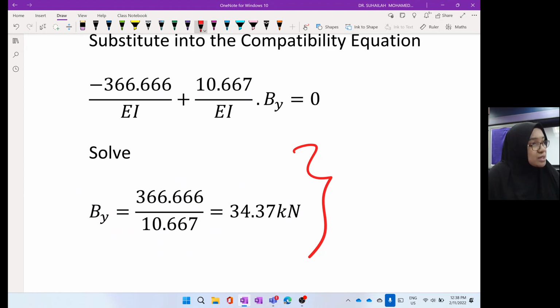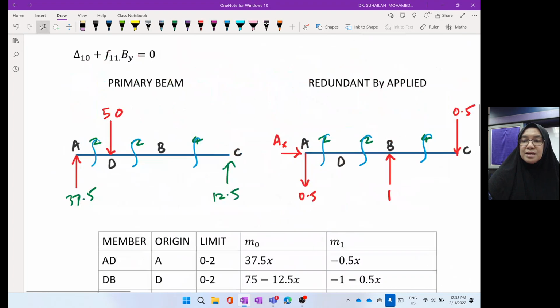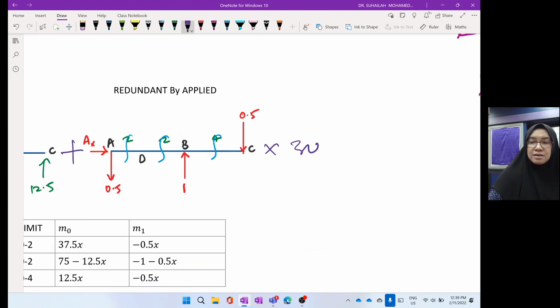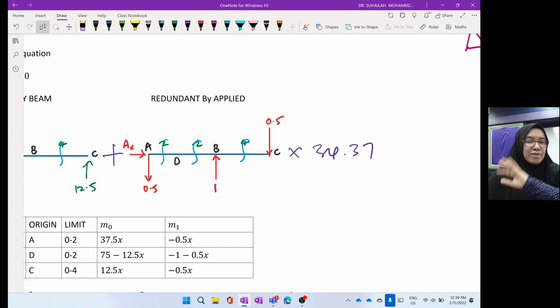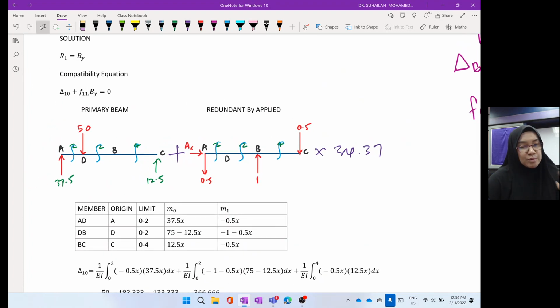Okay, because in the diagram it is actually the primary beam plus the redundant beam times BY. BY is 34.37. In the redundant beam, everything inside the beam we must multiply back with the redundant, because it is the redundant that we removed from the system.